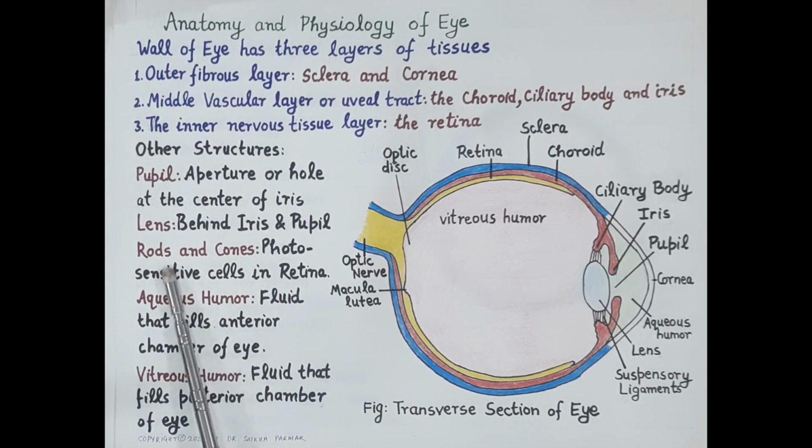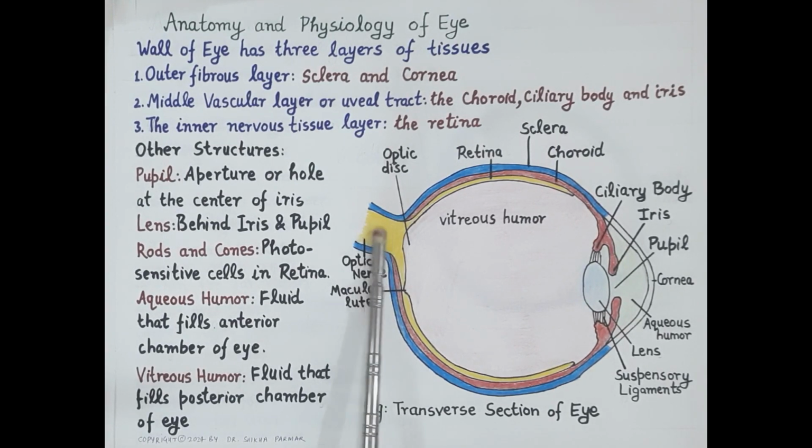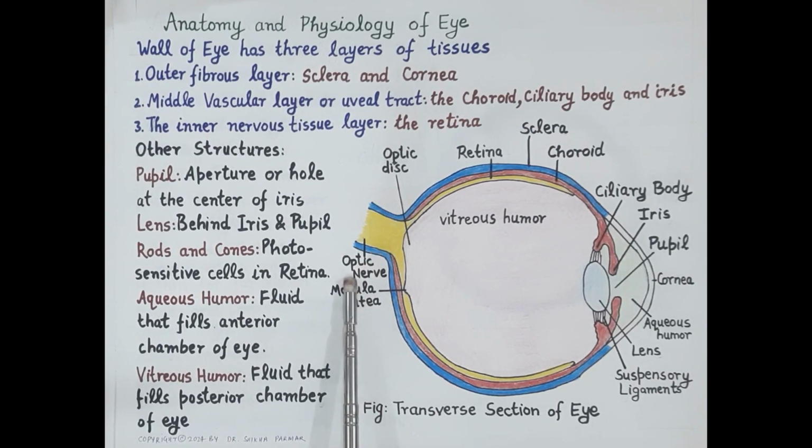Now, rods and the cones convert the light rays falling on the retina into nerve impulses. These nerve impulses are collected by the nerve fibers. All the nerve fibers of the retina converge to form the optic nerve. So, this yellow colored structure shown is the optic nerve.